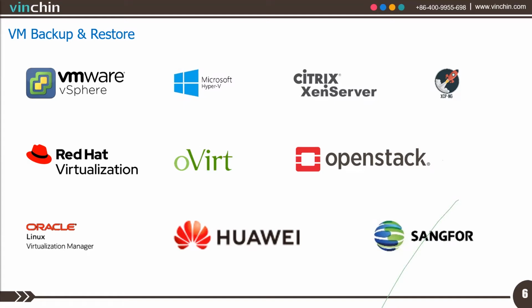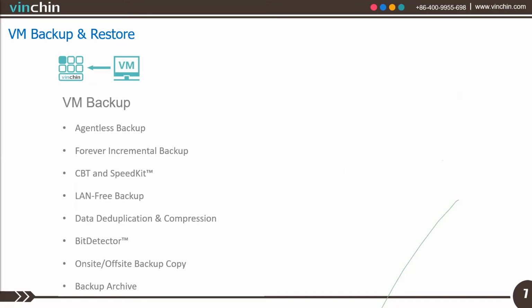Among them, the latest versions, VMware vSphere 7, oVirt 4.4, and XenServer version 8.2 are now supported. And the two new virtual infrastructures, XCP-ng and Oracle OLVM, are now supported. So Vinchin Backup and Recovery version 6 can now support 10 different hypervisors and can widely protect the mainstream virtual infrastructure in the world.